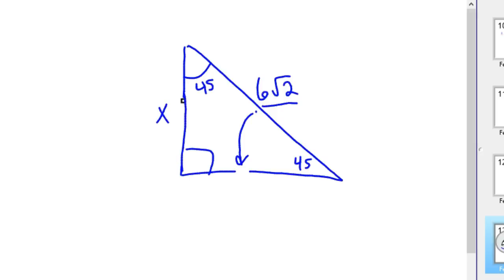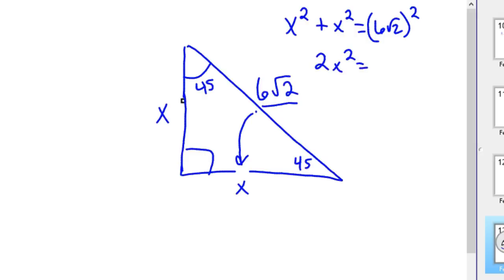Let's say this was x and this was x. We could do a quick Pythagorean theorem with that. x squared plus x squared equals 6 root 2 squared. Well, x squared plus x squared is 2x squared. 6 root 2 squared is 36 times root 4, well, 36 times 2 is 72.